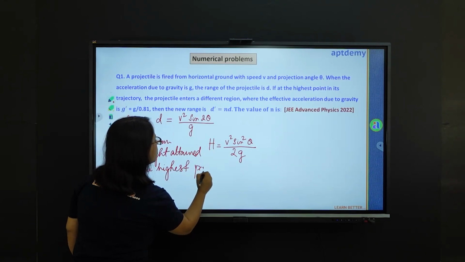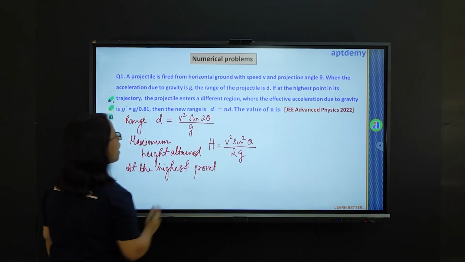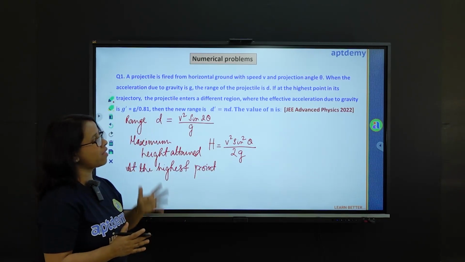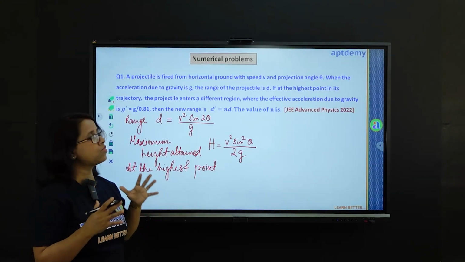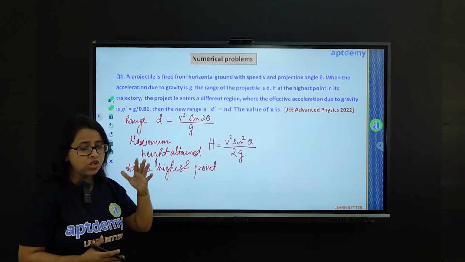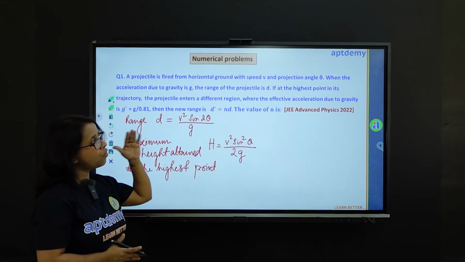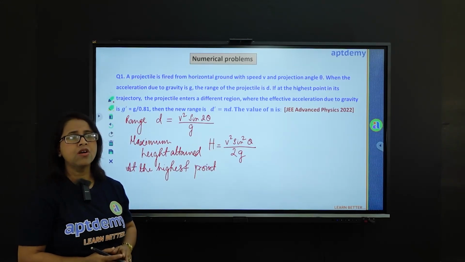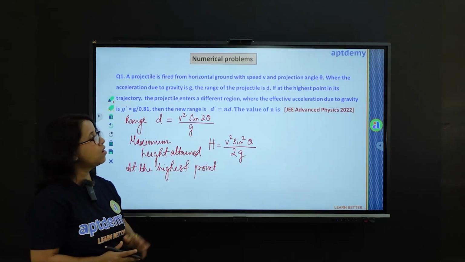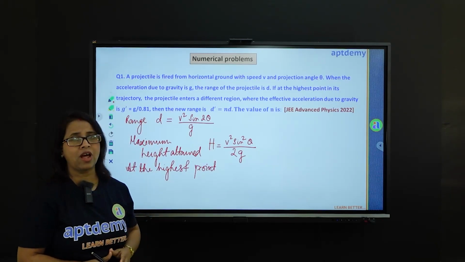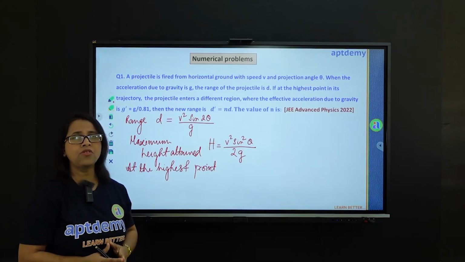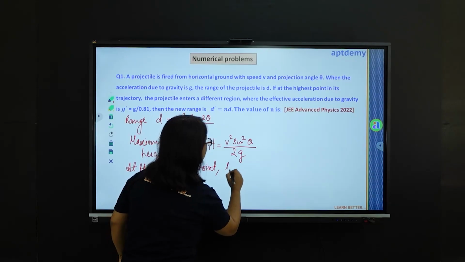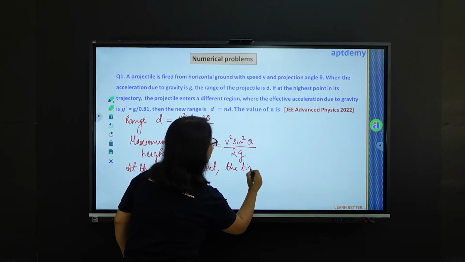Till the projectile reached the highest point, it was travelling with a certain speed, and then at the highest point it enters a different region. So let us find out the time taken by the projectile, once it enters the different region, to reach the ground.